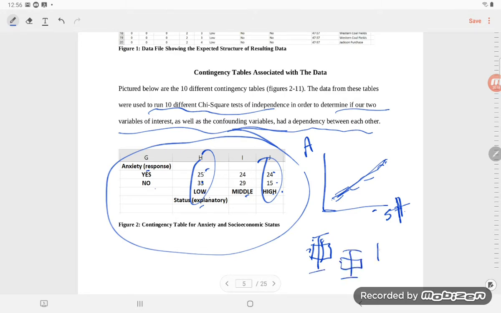So box plots would be a great way to go here, categorical for the explanatory and numerical for the response. Those would be good. And then here they had categorical for both, and so they used a contingency table. Now notice here we're on page 5.